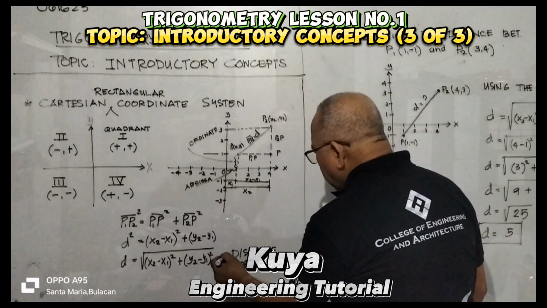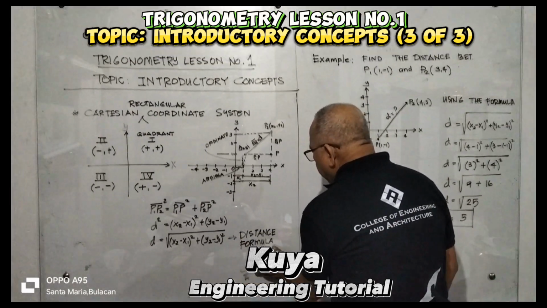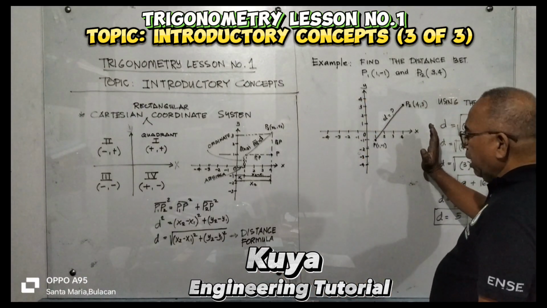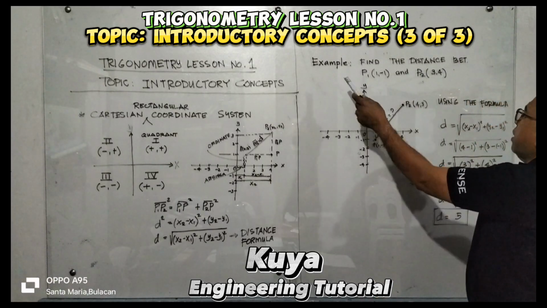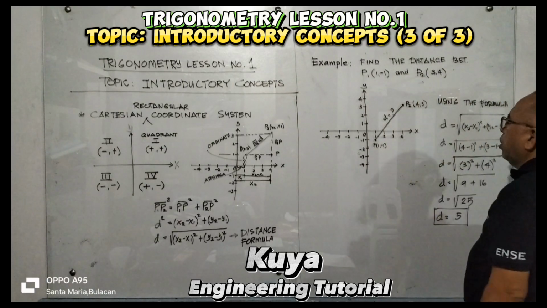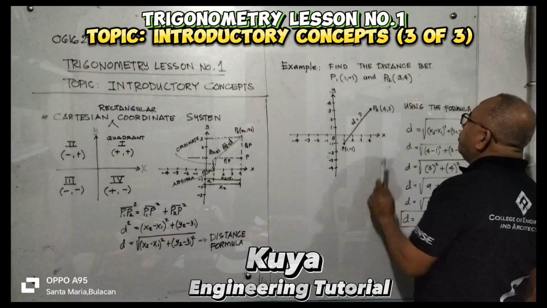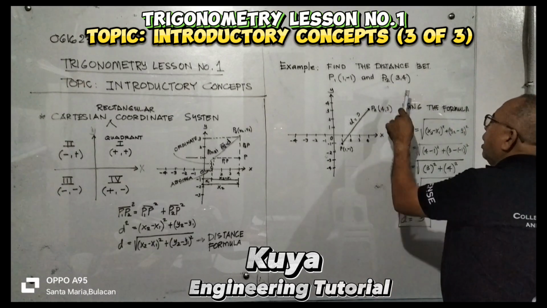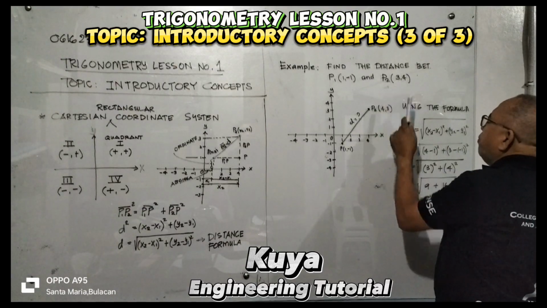So ito na yung tinatawag nating distance formula. No? So the distance formula now ay i-apply natin para makuha natin, no? At maintindihan ninyo. Okay, example, find the distance between P1 and P2. So where P1 is 1 and negative 1, then P2 is 4 and 3.